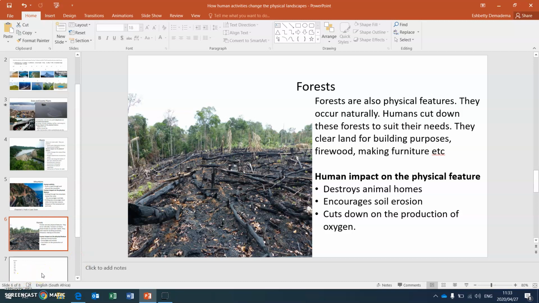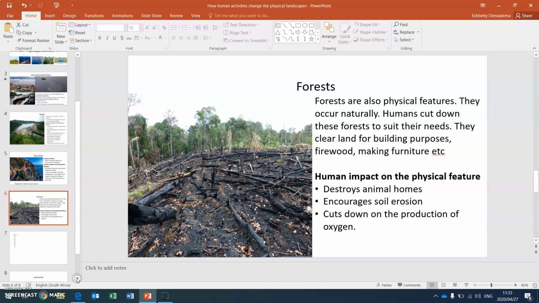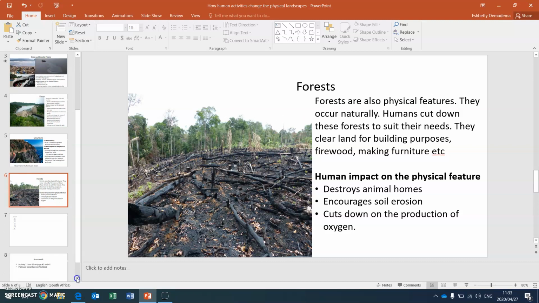All right, so these are some of the impacts that we as human beings have on the environment. And one other thing about us is that we are always changing these natural features and the environment at large to suit our own needs.